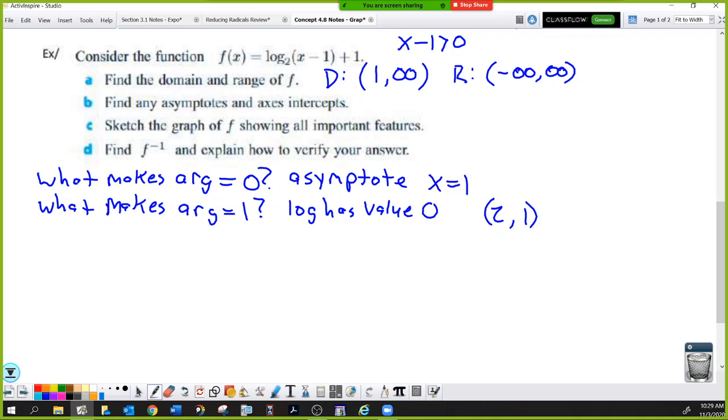And the last extremely easy thing to do with logarithms is what makes the argument equal the base. The reason why is because when the argument and the base match, the log has a value of 1.